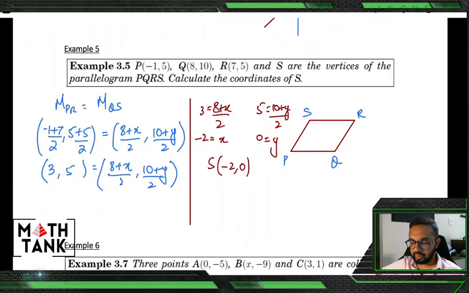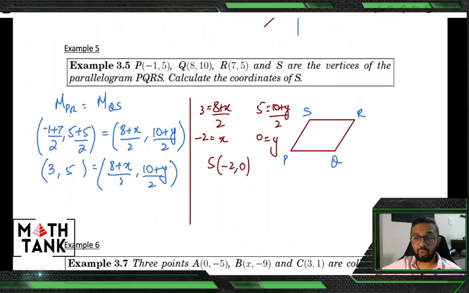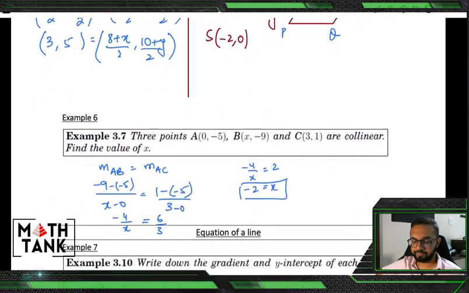So you can't go P, Q, S, R. That's wrong. It has to be P, Q, R, S, or if you're going the other way, P, S, R, Q. You cannot break the counterclockwise and clockwise directions. Your answers will be all wrong if you do that.